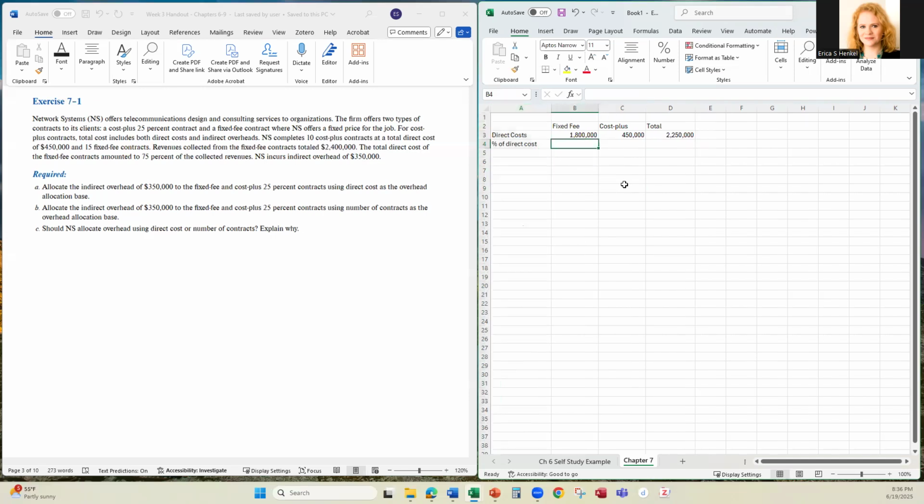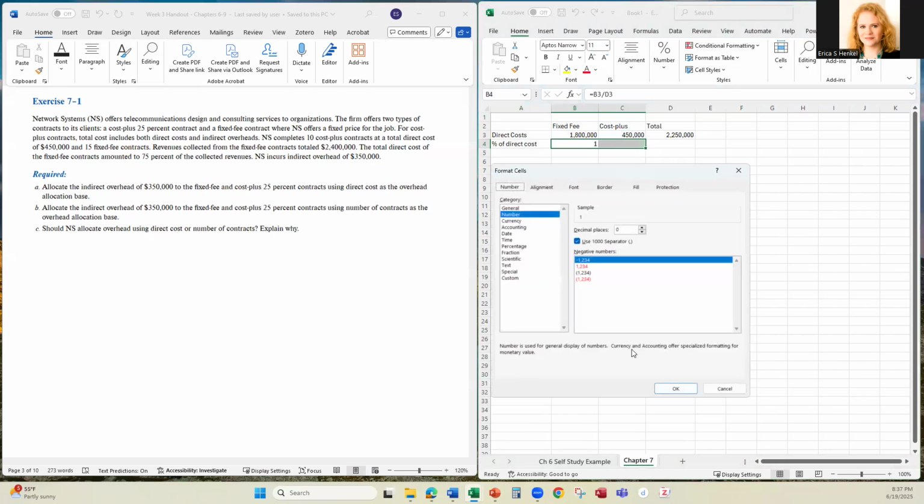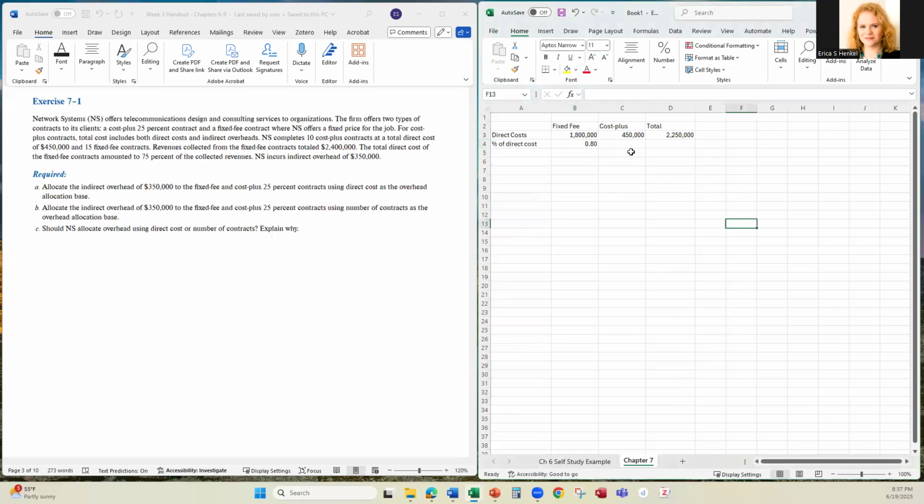each of these incurred, okay? So this one is going to be 1.8 million divided by the 2,250,000. And I gotta allow a decimal here. Okay, so 80% there.